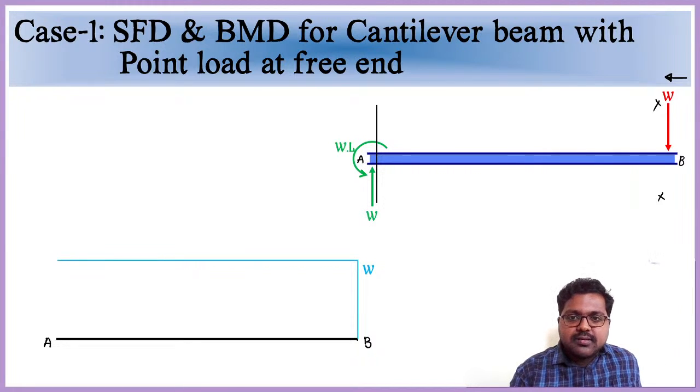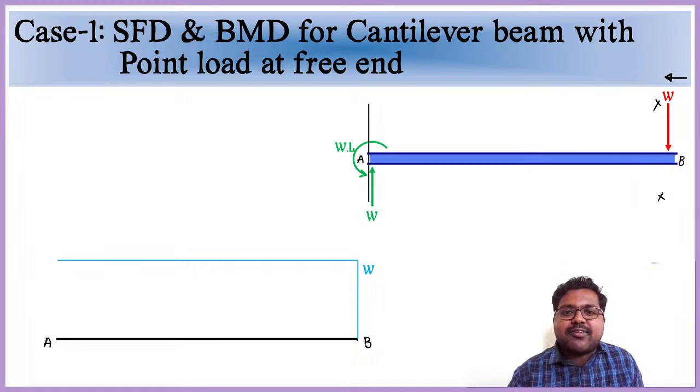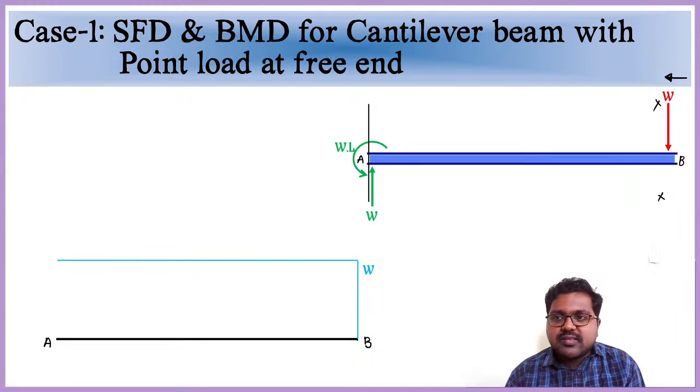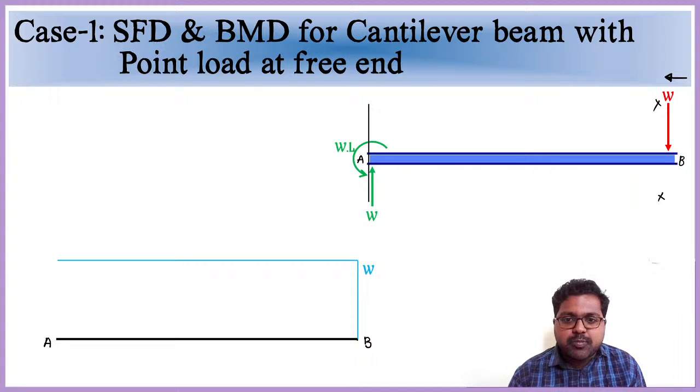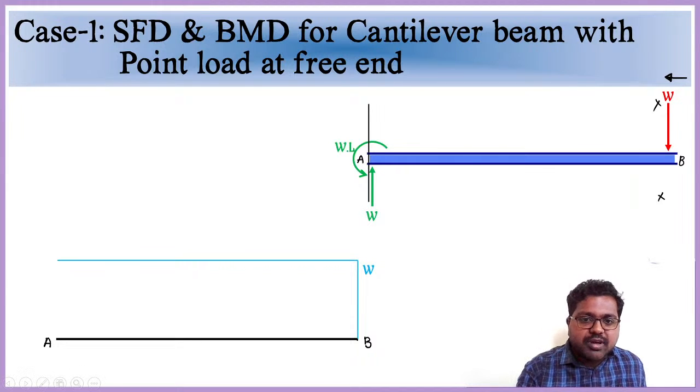Then again, if I take immediate left of A, what will happen? The W shear force comes all along the line. Now this is right downward, which is positive, so we have considered this positive W and we draw this one.